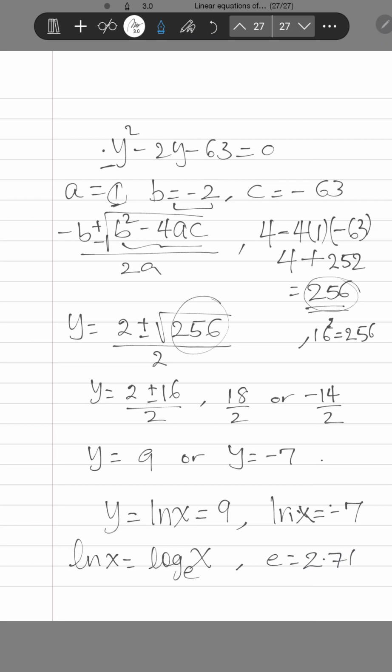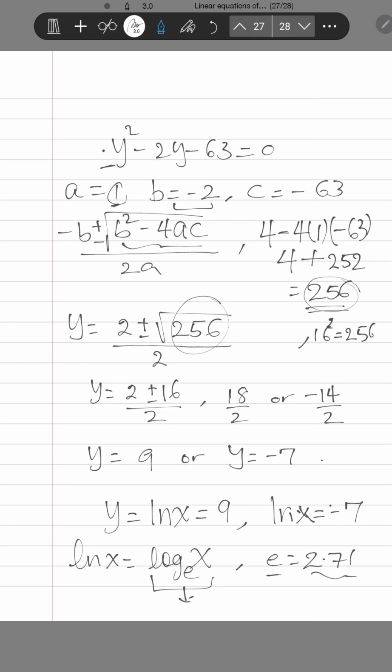But we don't need to use the estimation here. We're at a point where log x to the base e is equal to 9, or log x to the base e is equal to minus 7. It's minus 7 up here, not 7.